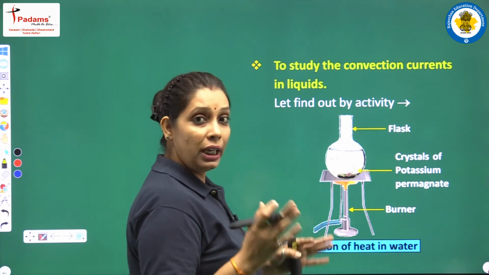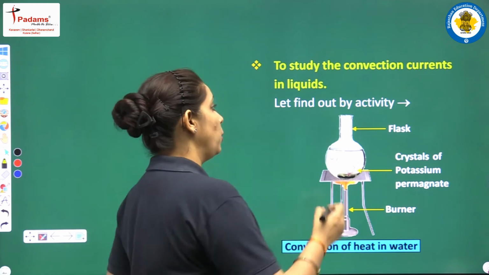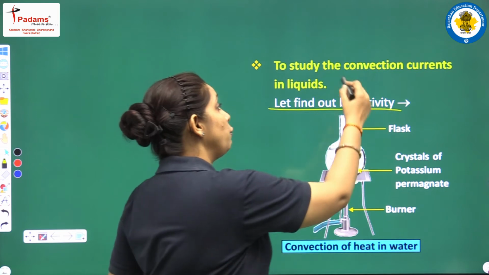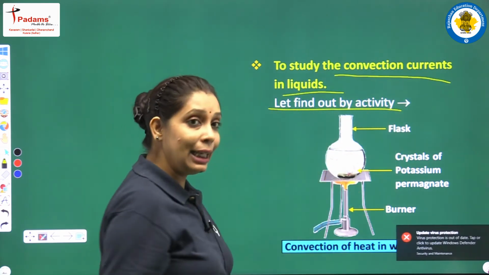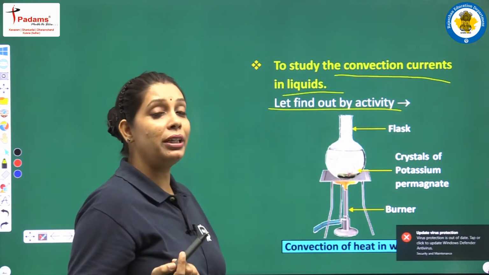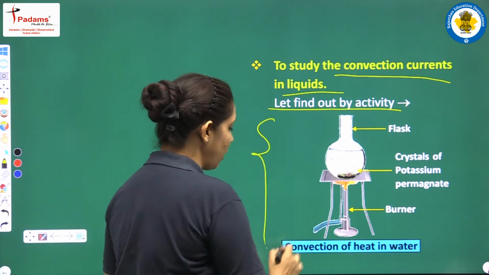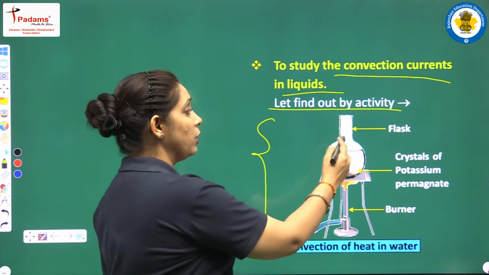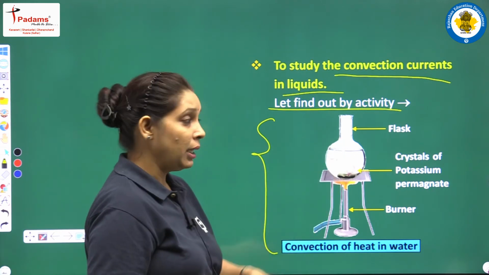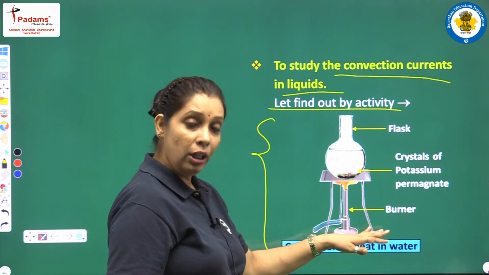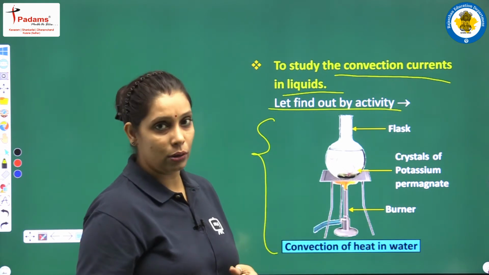Okay students, let's understand convection of heat in water. For that we are doing an activity. By this activity we can find out convection currents in liquids, how the convection of heat takes place in liquid. Have a look here students, we are having such a setup. We are having a conical flask. Okay, this is a flask and we are having a burner here, or we can take a candle also.